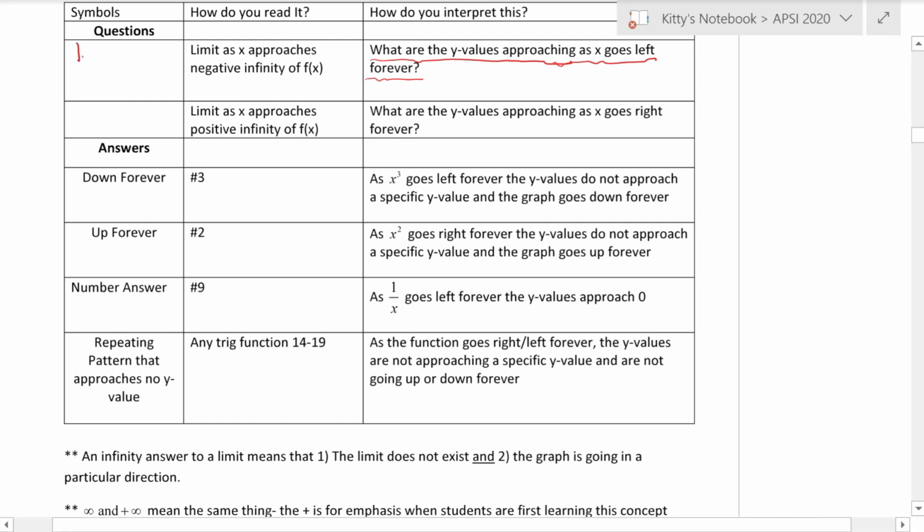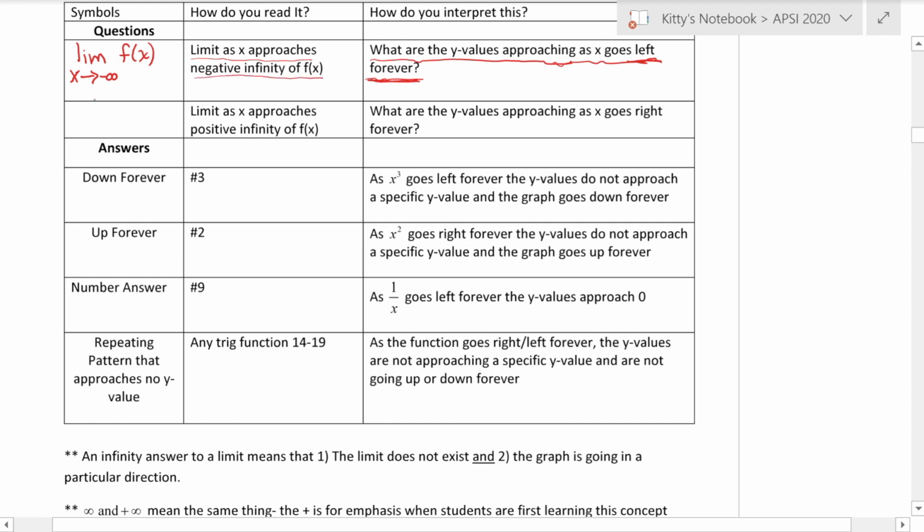So you write LIM, and underneath it you write x arrow wherever you're going. In this example you are going left forever, so that's negative infinity. And then you write your function here. You read this as the limit as x approaches negative infinity of f of x.